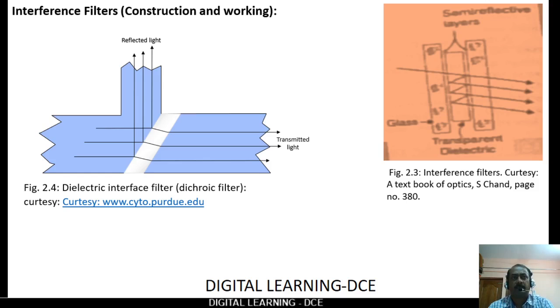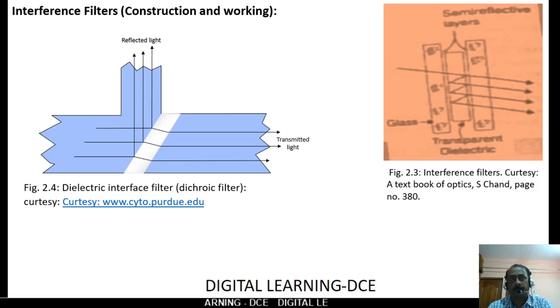Here interference results for all the component wavelengths of incident light. The maxima of different orders are formed in the transmitted light only for those wavelengths which satisfy the relation.